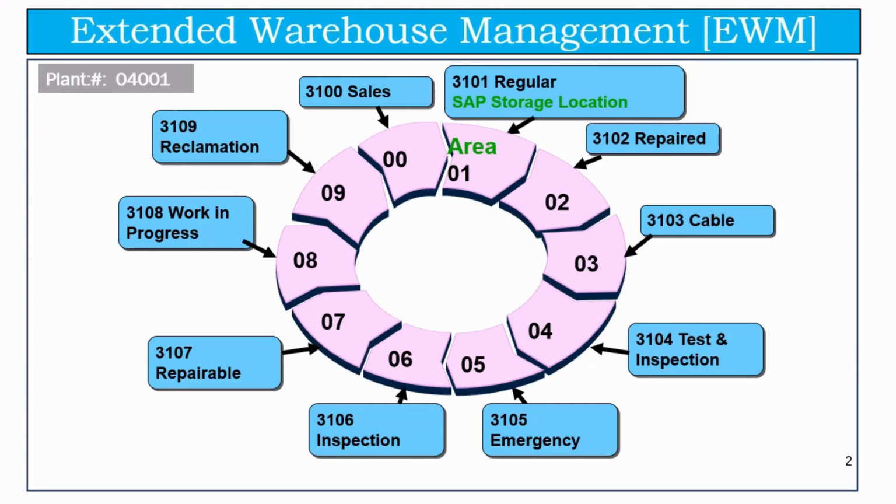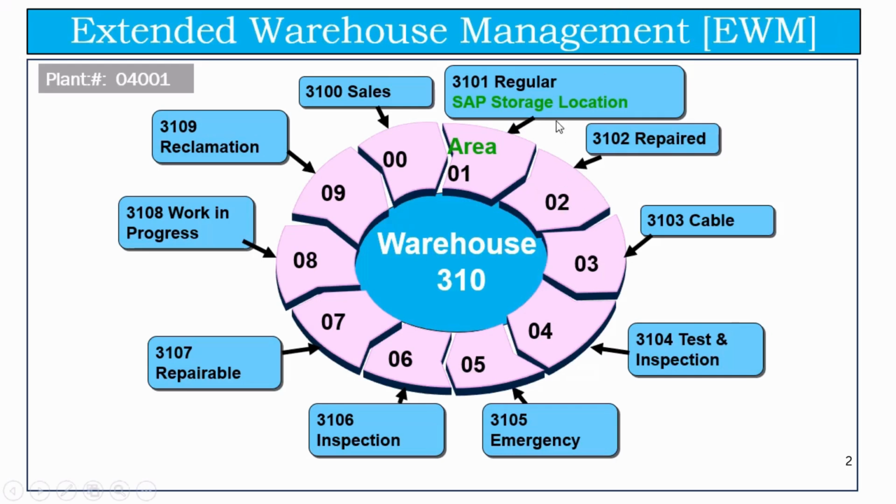This is the typical module of extended warehouse management. For example, here you see in this diagram the typical example of a utility power generation company. In one warehouse, for example, 310 is the storage location.